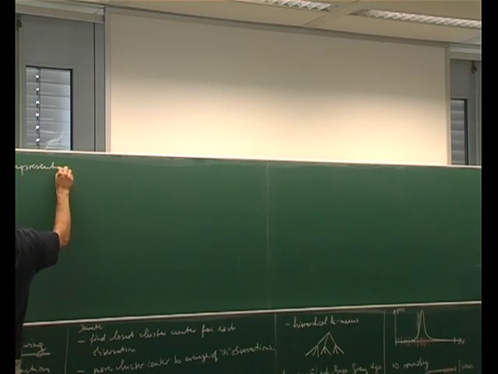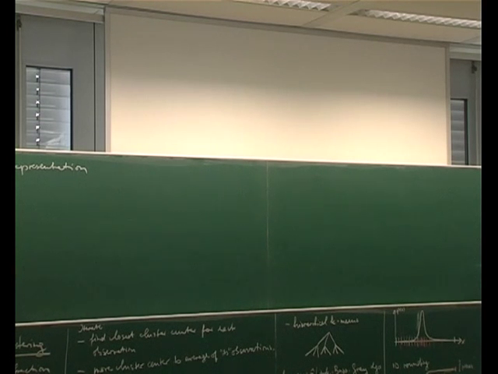In the bag of words representation, we need some kind of feature space. The feature space could be, for instance, all the gray values that we have in a given image patch.